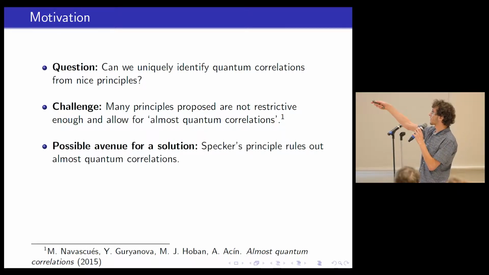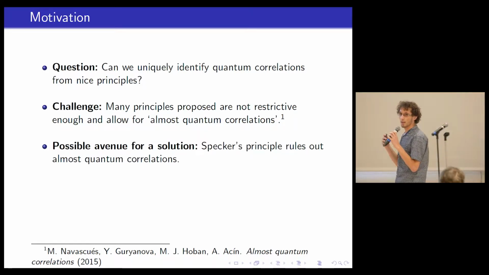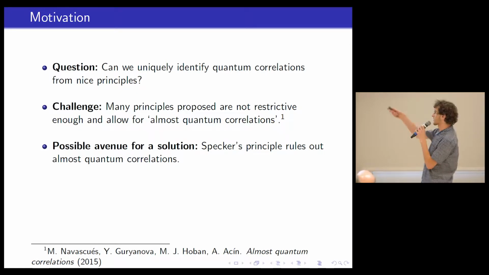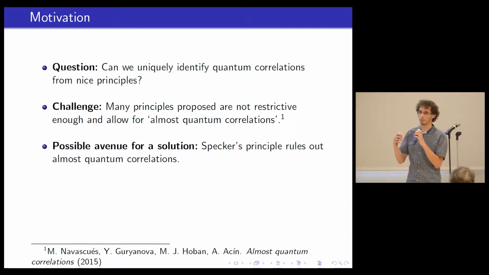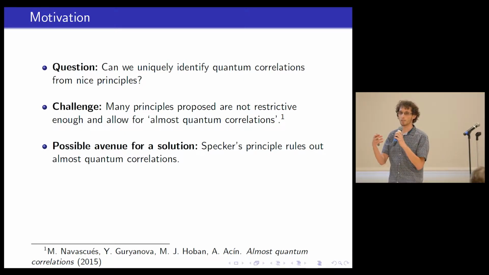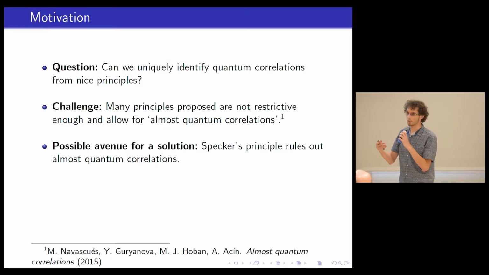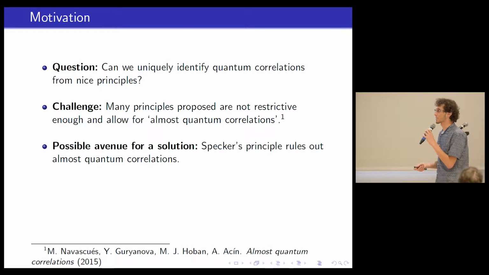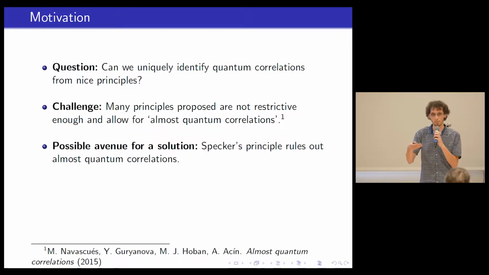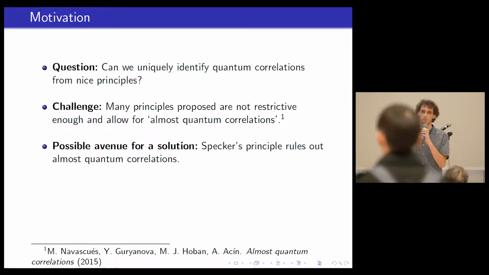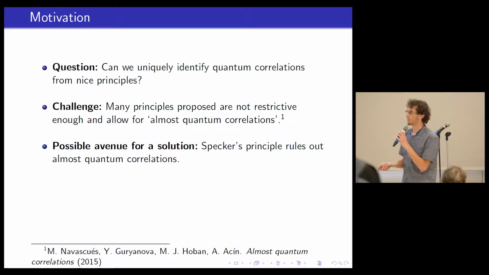In particular, we look at a principle, Specker's principle, which actually pertains to the structural derivation of quantum theory. So it pertains to the structure of measurements rather than the correlations. However, we've shown that this principle is actually inconsistent with the almost quantum correlations.